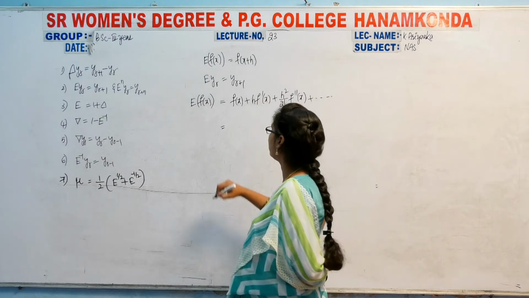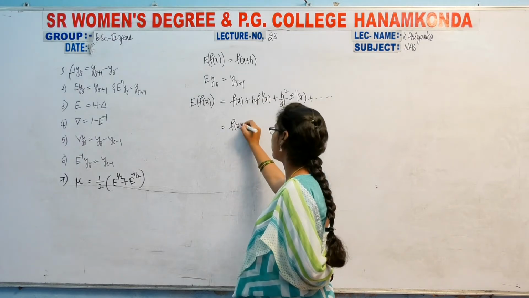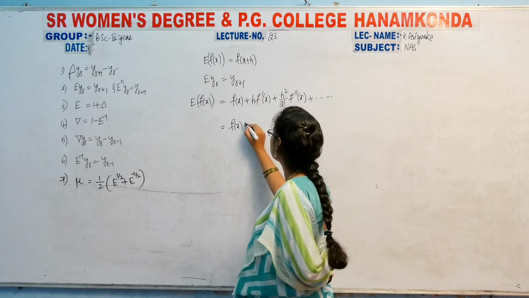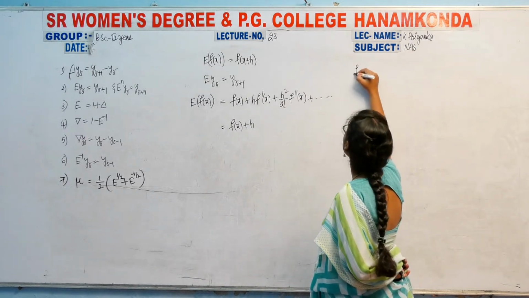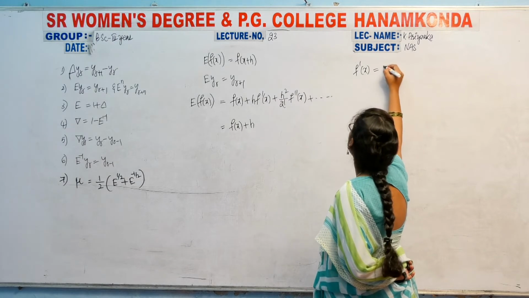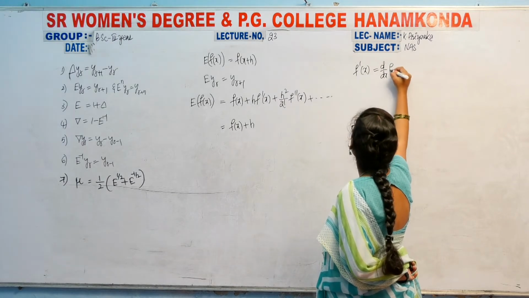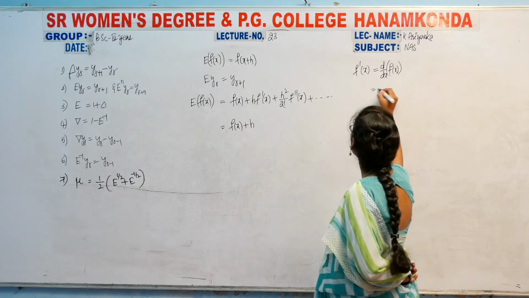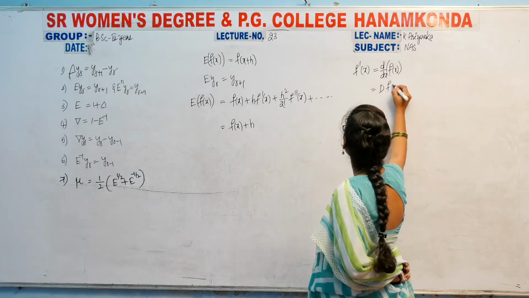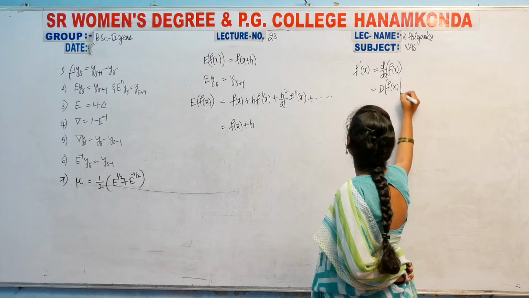Don't write that there. Simply, f of x, what I am doing is f of x plus h. f dash of x means d by dx of f of x, isn't it? Derivative of f of x. We know that d by dx is denoted with a capital D of f of x.